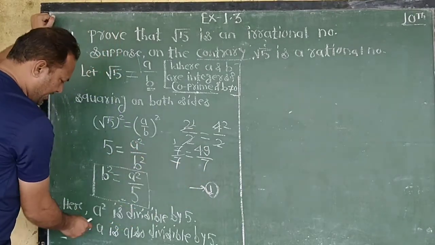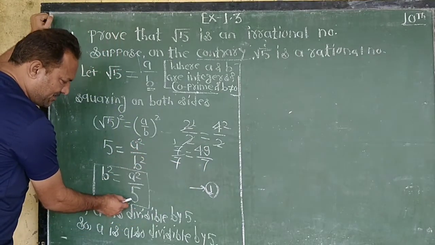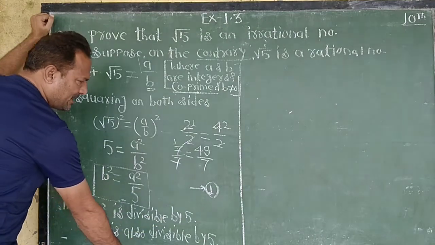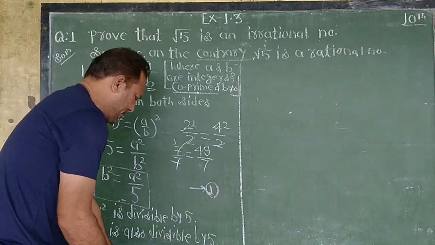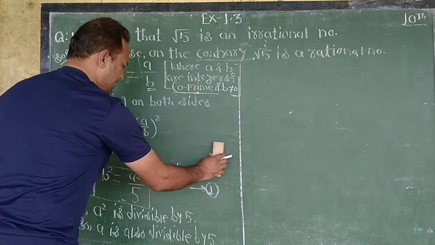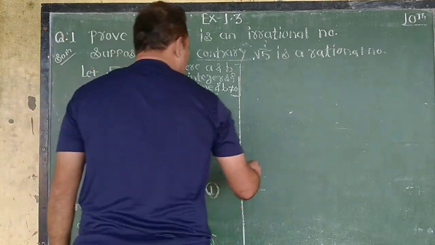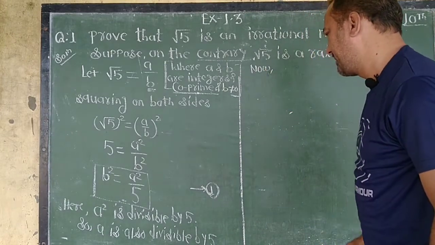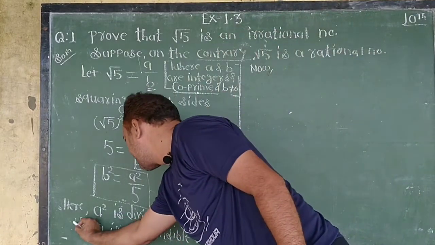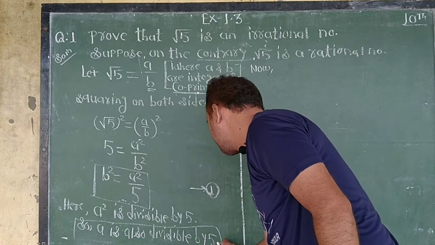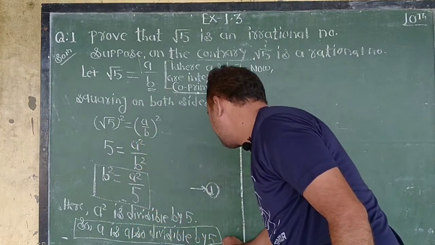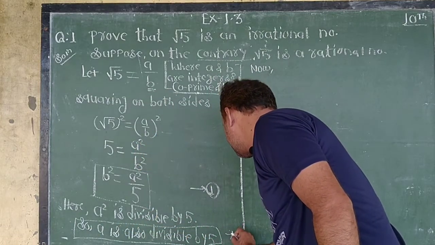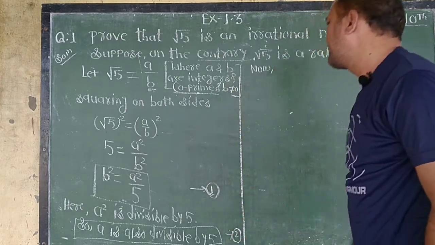Same here: a square is divisible by 5, it means a is also divisible by 5. This is conclusion number 1: a is divisible by 5. And this is conclusion number 2.